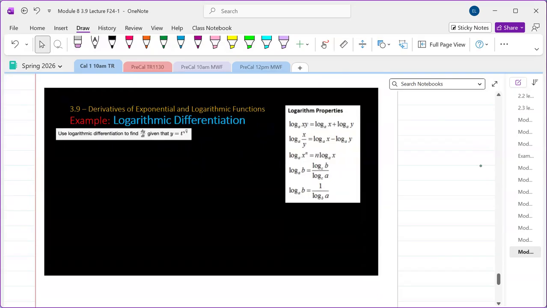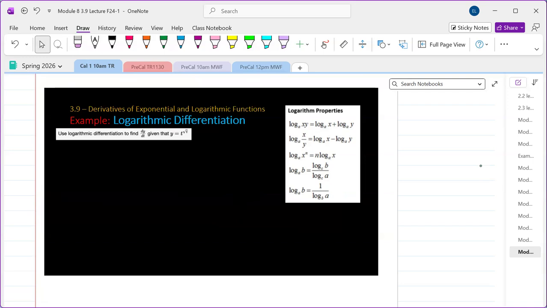All right, and then sometimes we get functions like this, t to the square root of t. So trying to do the derivative of that, I've got a formula for the derivative of variable to a power. I've got a formula for the derivative of number to a variable, but I don't have a formula for the derivative of variable to a variable.